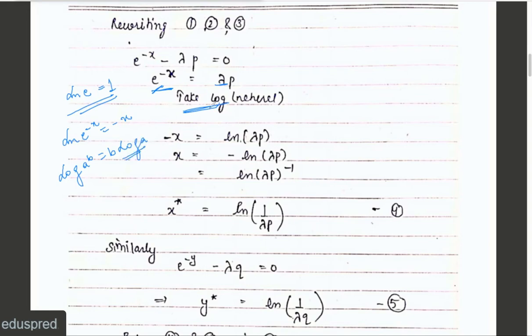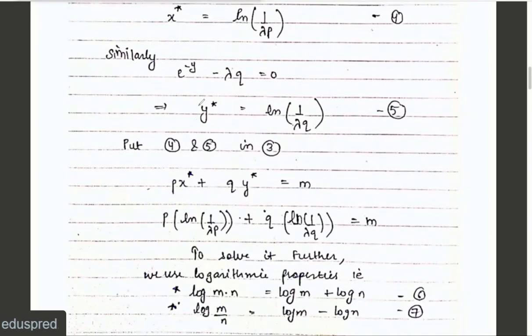By taking the log, I get minus x is equal to ln lambda p, or x is equal to minus ln lambda p, or ln of lambda p to the power minus 1, again by using this property. So your x star is ln of 1 divided by lambda p.